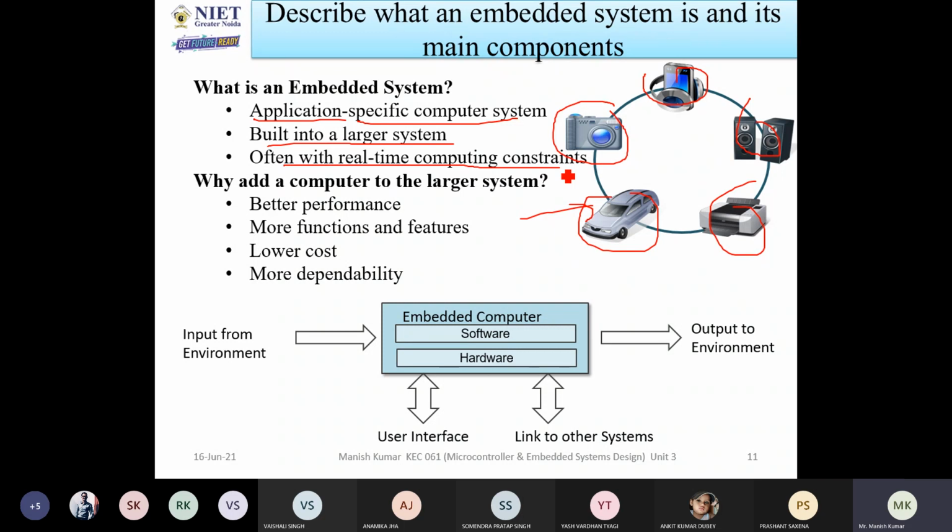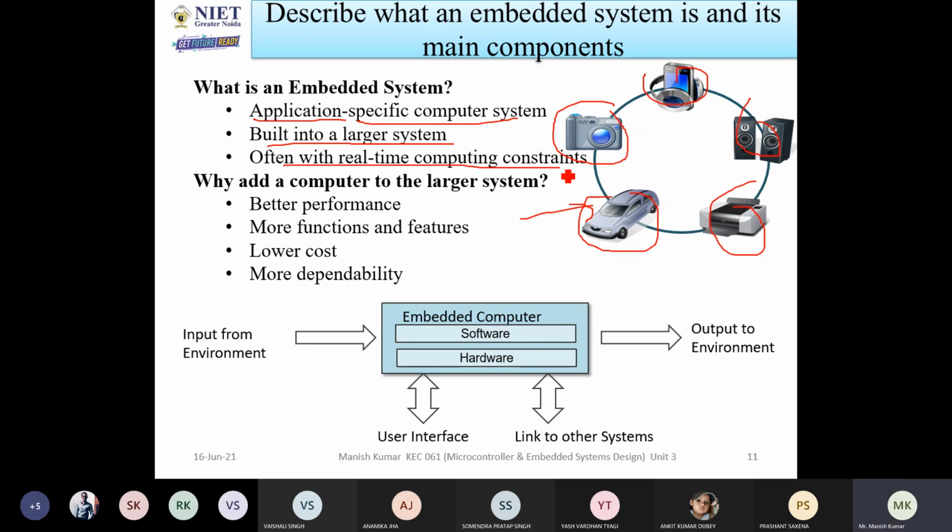Next, embedded systems often come with real-time computing constraints. Whenever you see an embedded system, this will be applicable for real-time computing constraints. Like you can see the ATM. ATM is also an embedded system. This is based on real-time systems. Whenever you have a car parking system, or whatever devices are available in the car, they work in real time. It is not that something happens now and the system will work 10 minutes later.